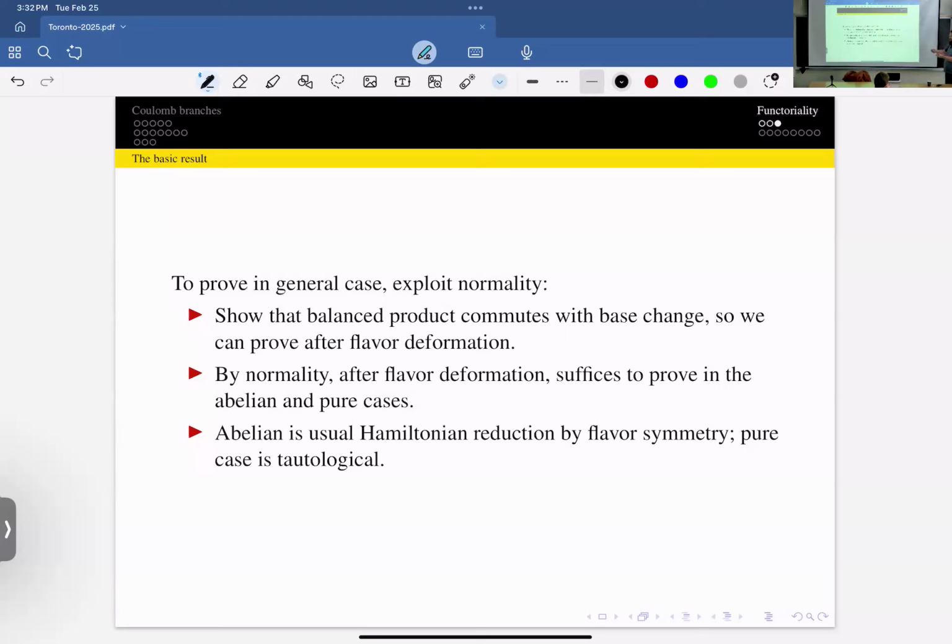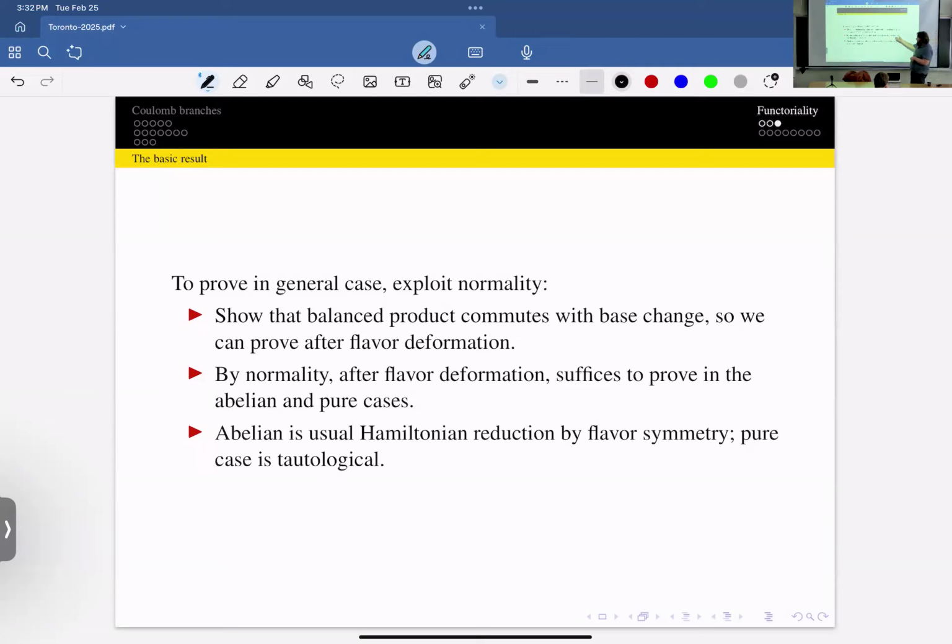So if you prove it for the flavor deformation, you can then base change and conclude it in the undeformed case. And after you do the flavor deformation, you have this nice property that you never have roots and weights vanishing on the same hyperplanes. So I need to prove this at generic points of hyperplanes by normality. That's the only place I need to worry about it.